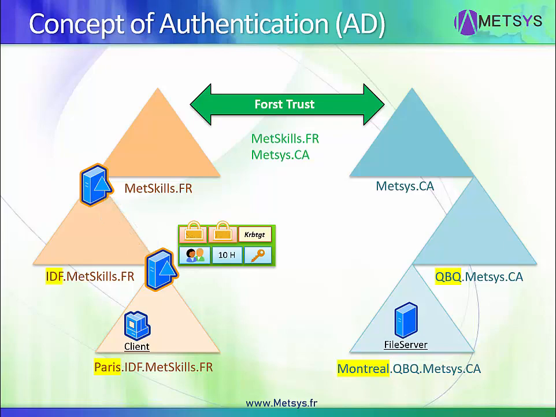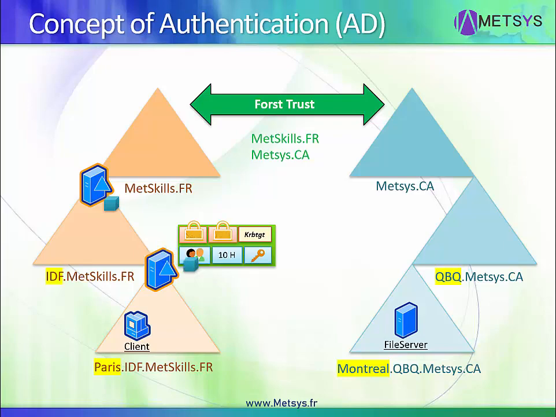Between these two domains, there is always going to be a trust, and this trust is going to be a default trust because child and parent domains always have a default trust. So for each trust, we do have objects representing that trust. So we have an object at the Paris side, and there's going to be an object on the IDF side, which means that they both understand the trust.